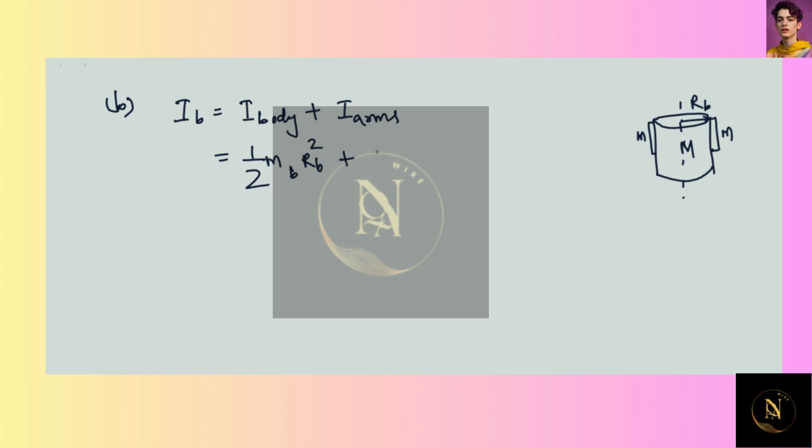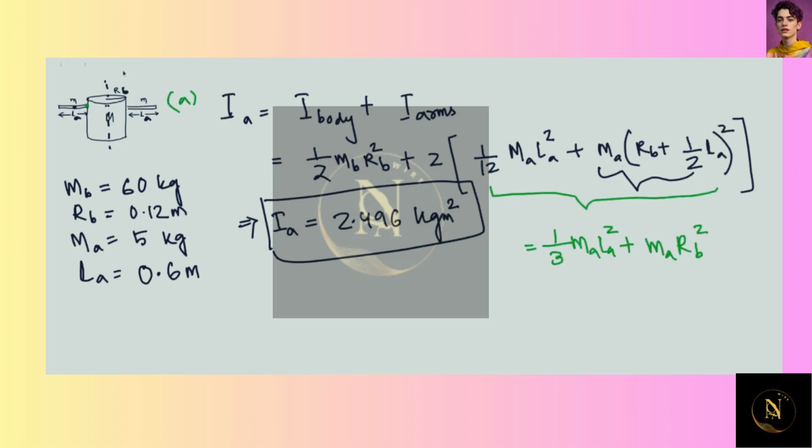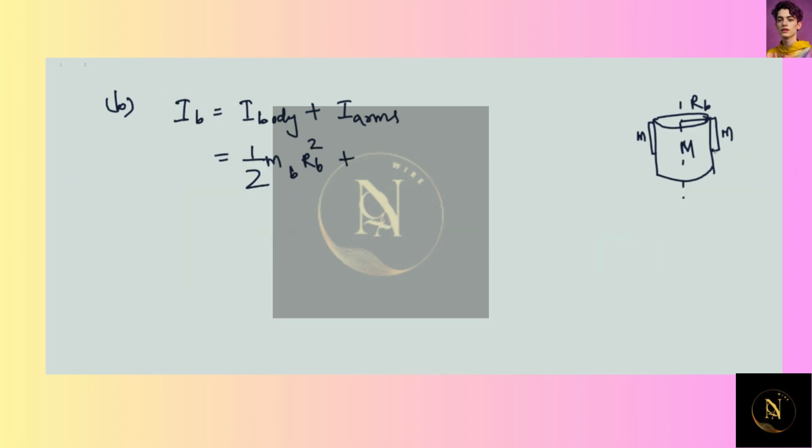And I of the arms will be, as before, two arms of equal mass at equal distance from the axis passing through the axis of the cylinder. So we multiply 2 with the moment of inertia of each arm, which will be equal to mass times RB square.